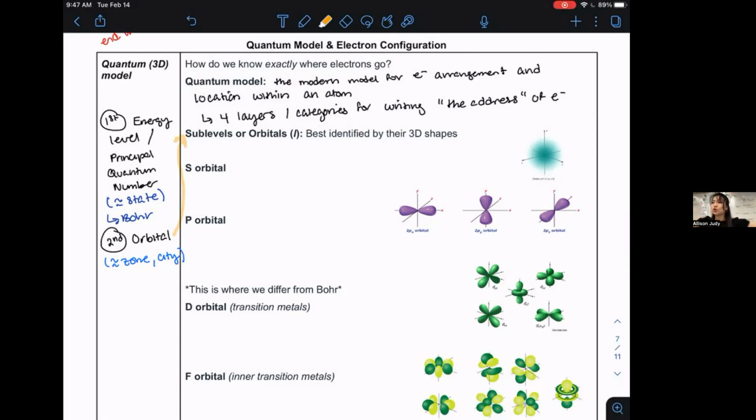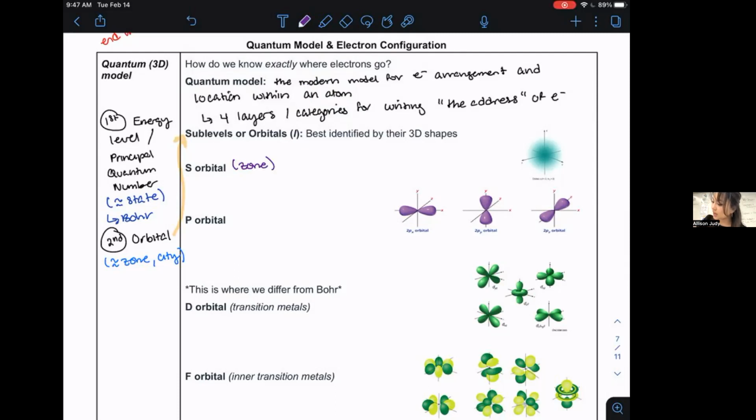Kind of like whoosh, okay? If you put a bubble around us, this would be a bubble with a distinct amount of energy, but now 3D. And then within that bubble, we have specific 3D zones. Those 3D zones are generalized by the shape that they make. So zone 1 is known as the s orbital. You could call this the S zone, right?